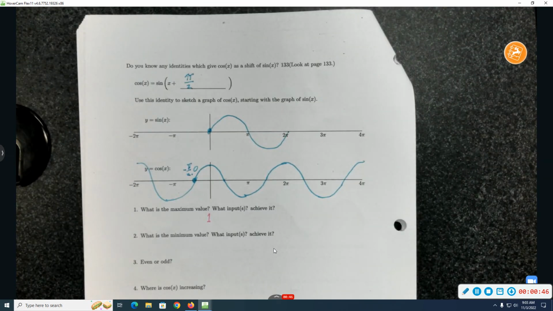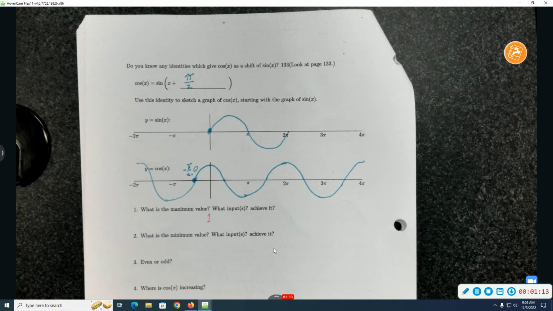It looks like there's an input that achieves an output of 1. What input is that? 0. What's the next input where you see it happen? Pi? In fact, do you think basically all of the places that maximize satisfy that same pattern?